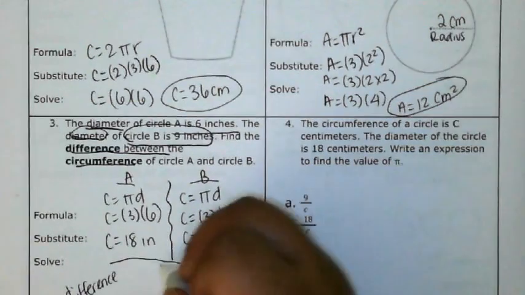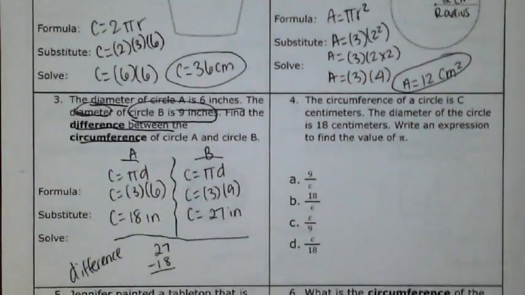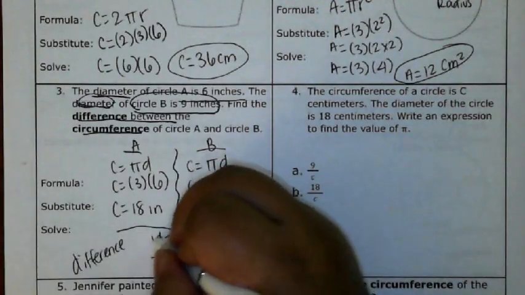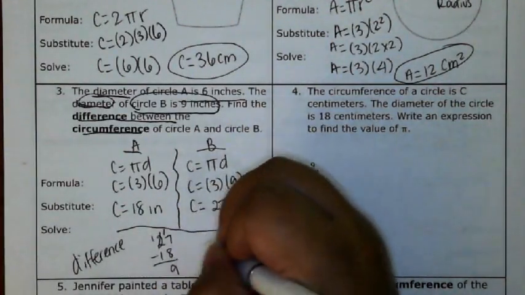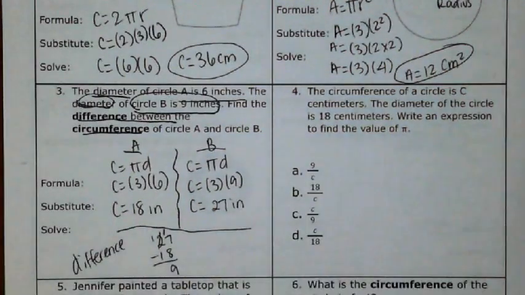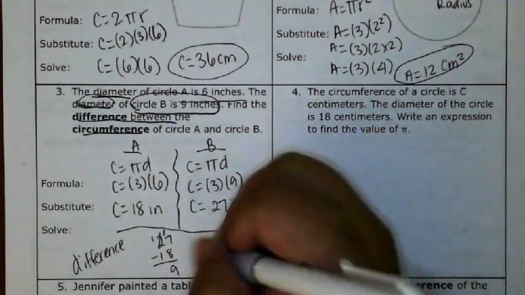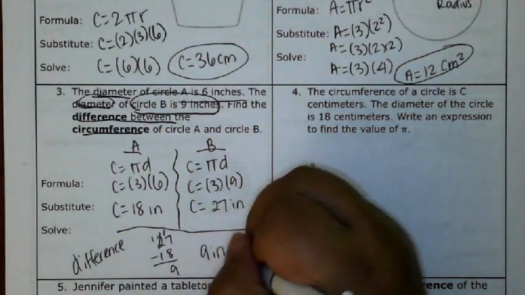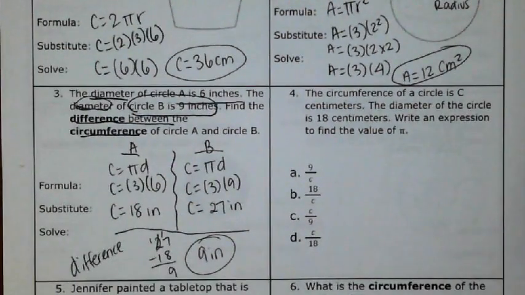So now all I'm going to do is subtract these two numbers because I'm finding the difference. 27 minus 18 is going to be 9, so my final answer is going to be 9 inches. That is the difference between circle A and circle B's circumference.